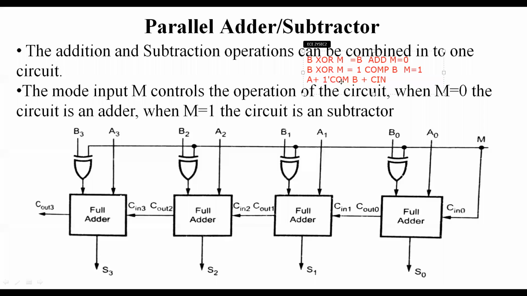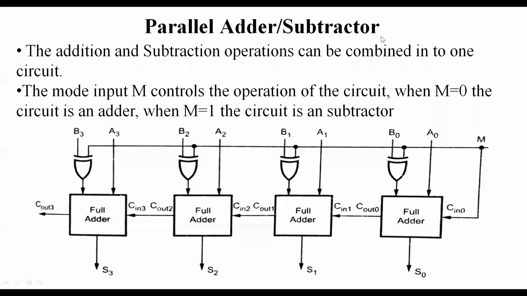A plus 1's complement of B plus C in, that is, it is performing the 2's complement subtraction operation. That is, the same circuit can be used for both addition as well as subtraction. Okay, and this is the adder and subtractor.